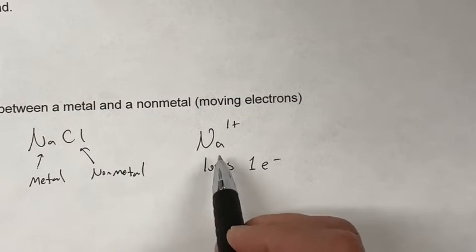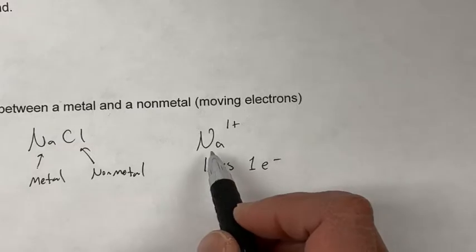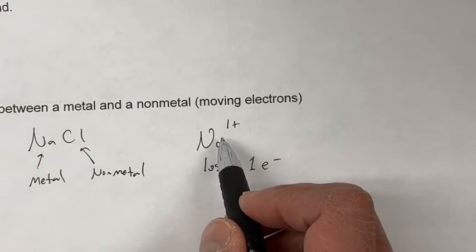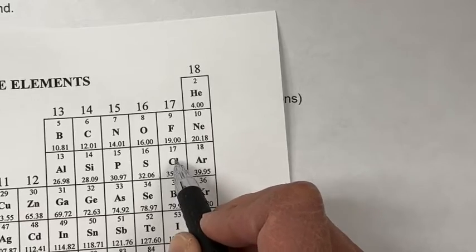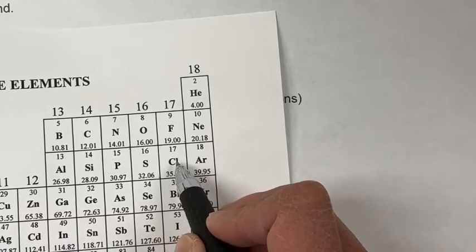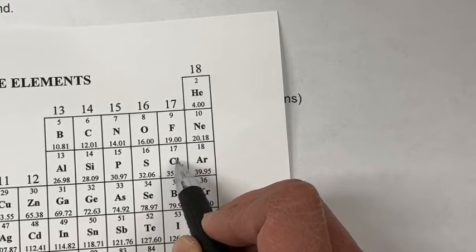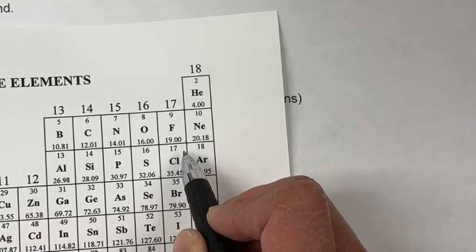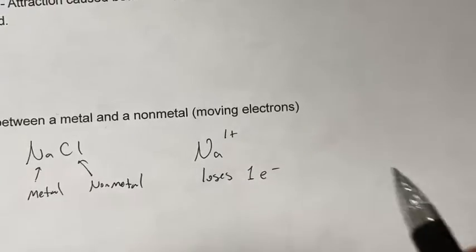Because sodium likes to lose that electron, it doesn't have a very strong core charge. It's got a very weak core charge, whereas chlorine here is in the 7th column. So it's further to the right on the periodic table. It's got a very strong nuclear charge. It wants to hang on to those electrons and actually wants to pull in electrons.